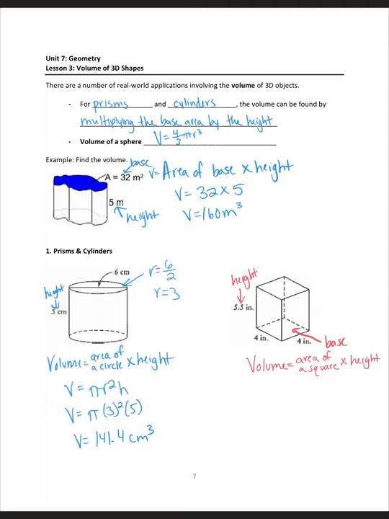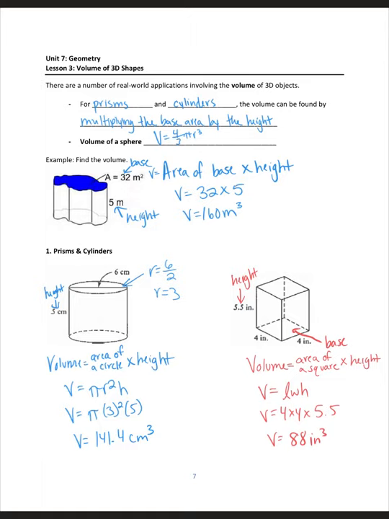And again, you can pull that from the formula sheet. So it would be length times width times height. So we'd have 4 times 4 times 5.5, which is 88. Our units are inches. Make sure you put it to a power of 3.